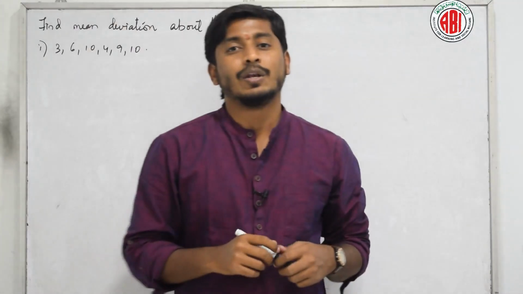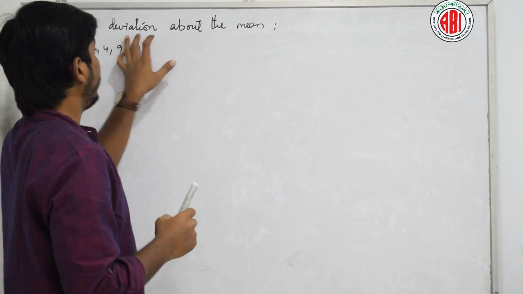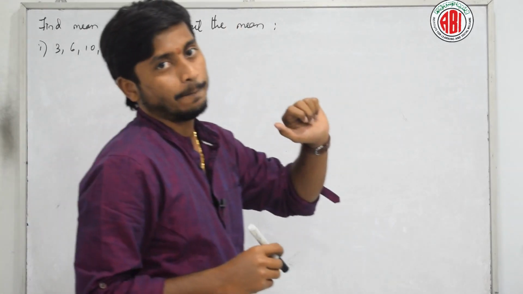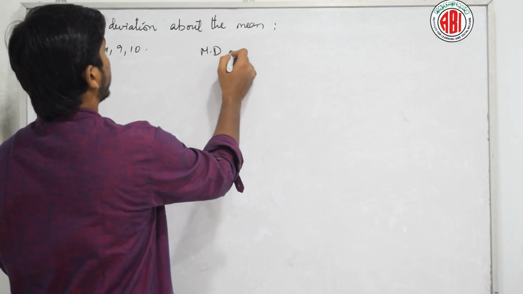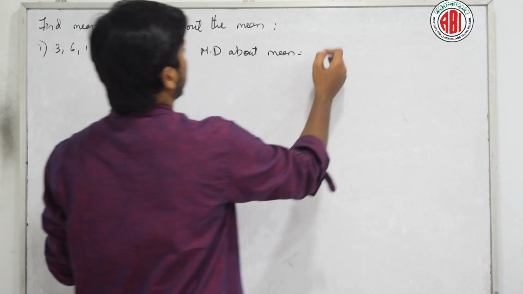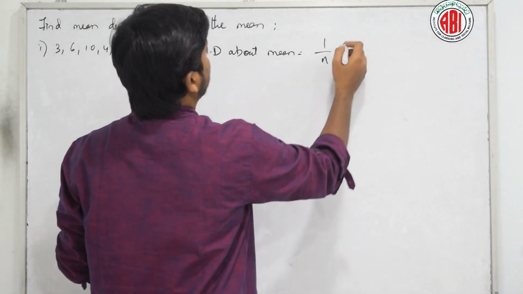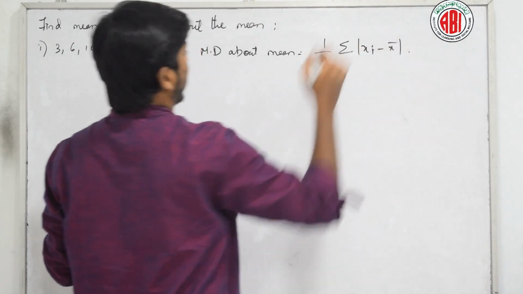Let's do it. Look at the question here. He is asking us to find the mean deviation about the mean. So what is the formula? Just tell me. Mean deviation about mean is 1 by n summation xi minus x bar.